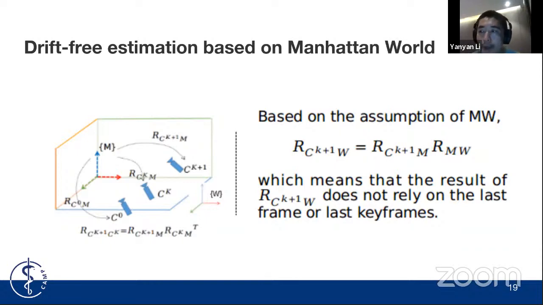If you give a good one, the iteration will converge faster. You can also give CK-1M instead of CKM. If you give CKM, it will be better, but you don't need to give it. This is why I say we can remove CKM. We can use it, but we don't need to rely on it.